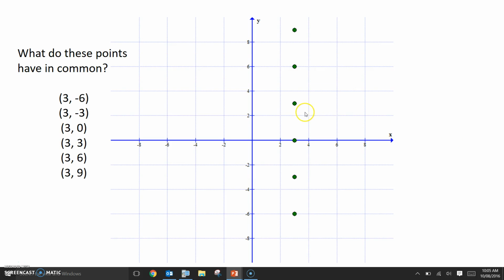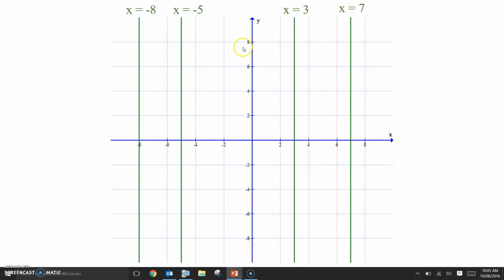Similarly, what do these points have in common? Well, all their x-coordinates are 3. So that is the line x equals 3. So any vertical line has the equation x equals whatever its x-intercept is.